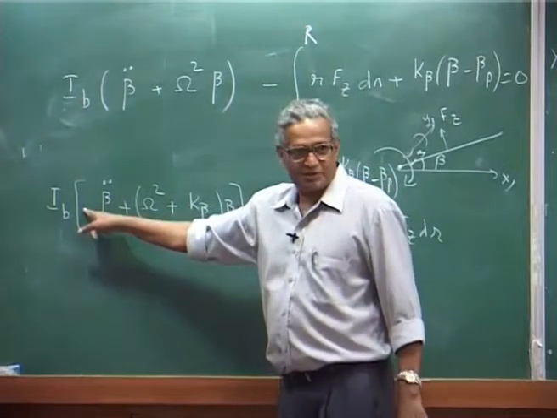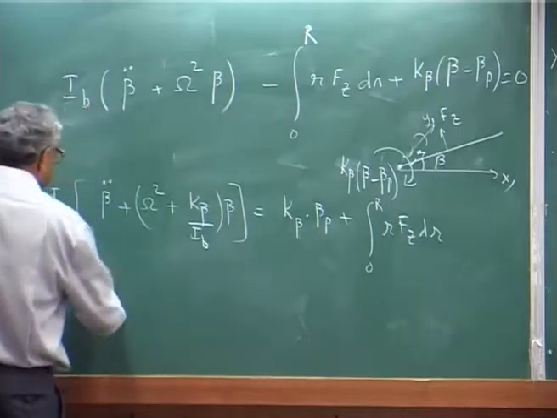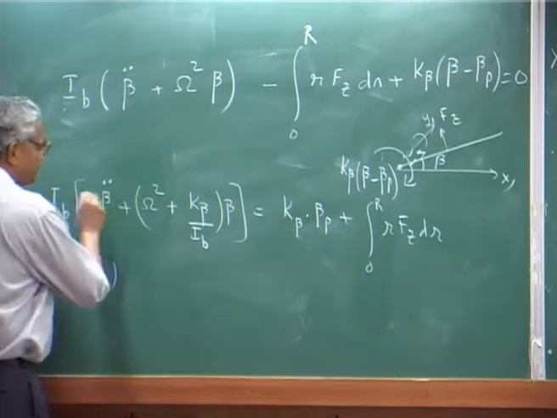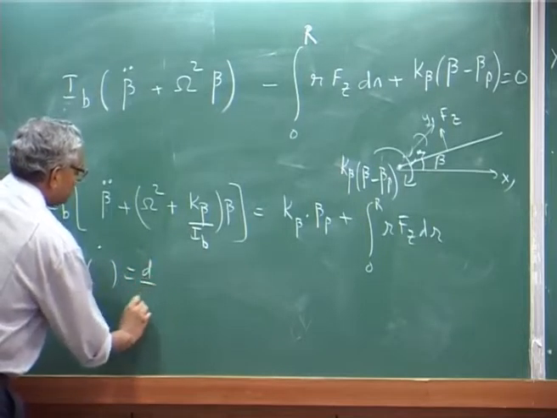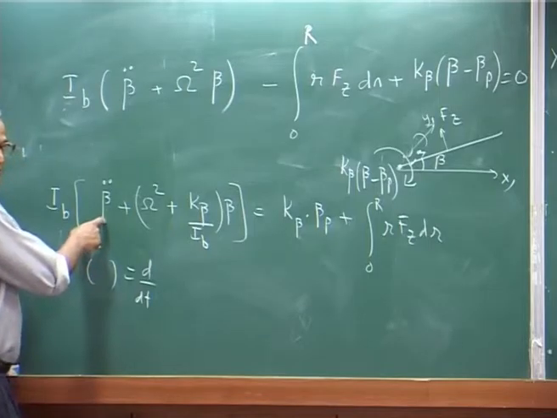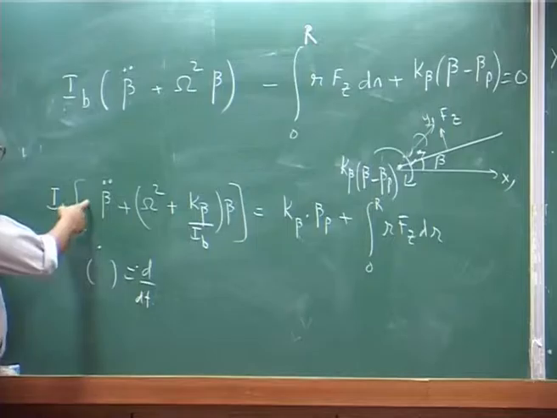So, you will get an omega square. Because this dot is d by dt, I put an omega, denominator another omega, so I will get an omega square.